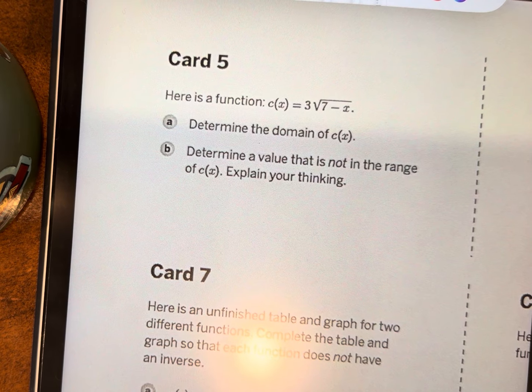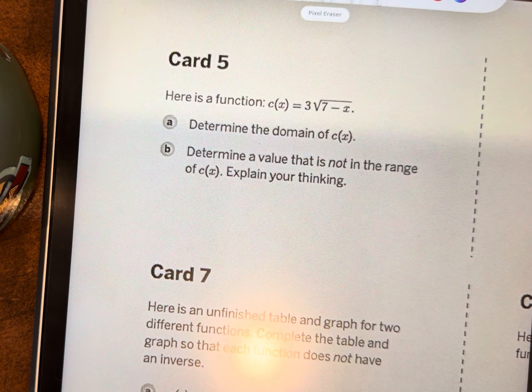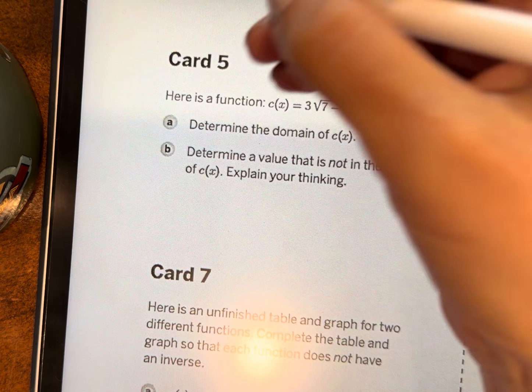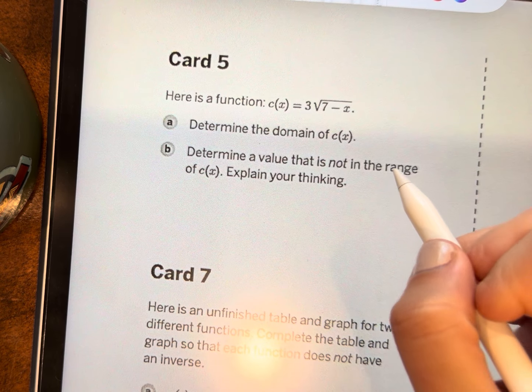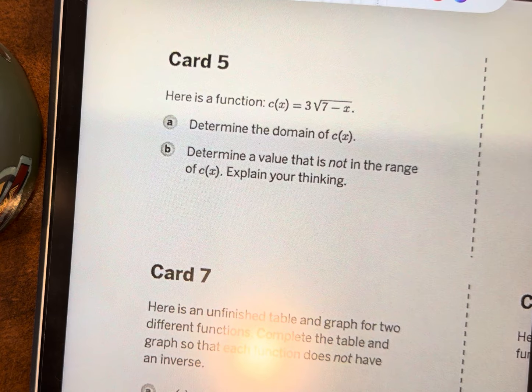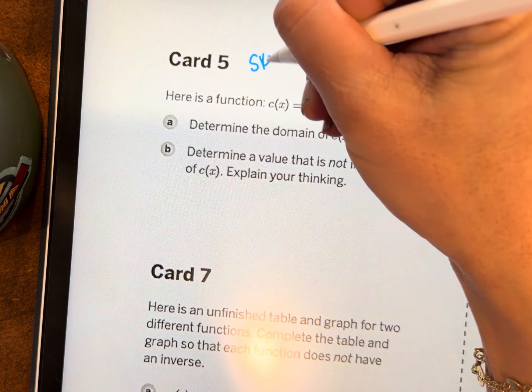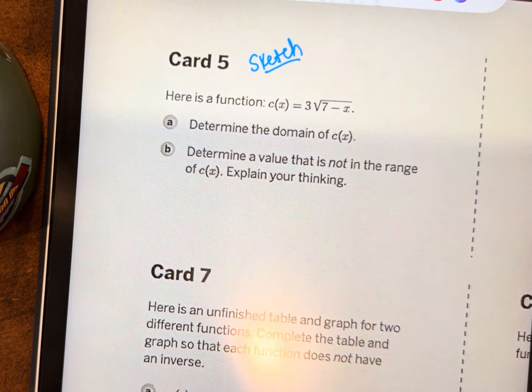So, card number 5. They give us a function, and they tell me to determine the domain. Whenever I have to talk about domain or possibly range, which is in the next question, I like to sketch a graph, okay?